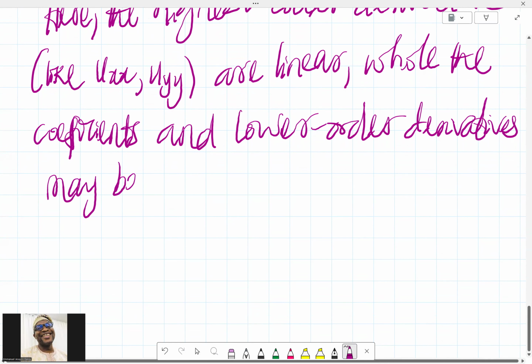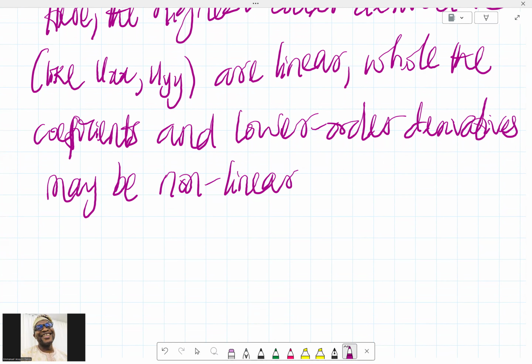That's to say that for the highest order derivatives, the power has to be 1, and they are not multiplied by the dependent variable in any way. But if you go to lower derivatives, maybe the function itself and everything, those can be nonlinear.